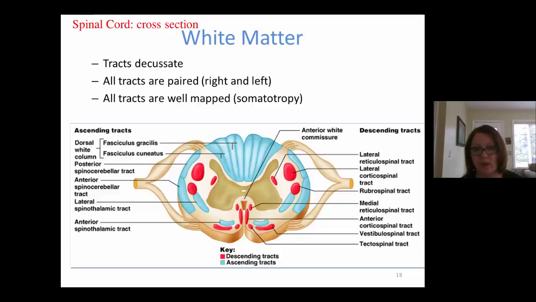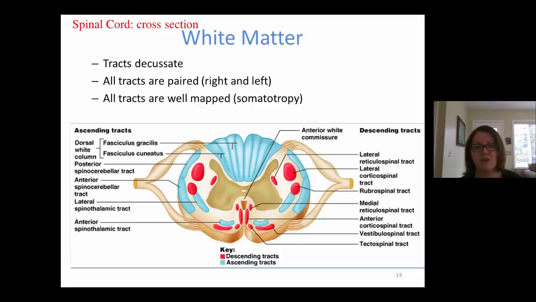And so we have this very well mapped out. We're not going to memorize all these different maps of the spinal cord, but I just wanted to show you some of the information that we do know. So in this picture here, the blue areas are the ascending tracts, and the red areas are the descending tracts. And so these portions of the spinal cord will be sending information up and down to and from the brain.